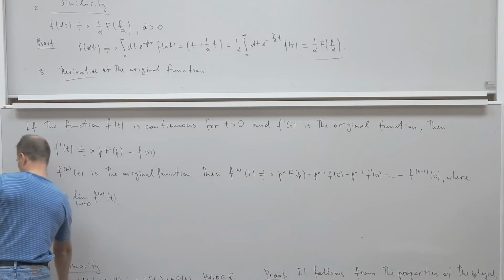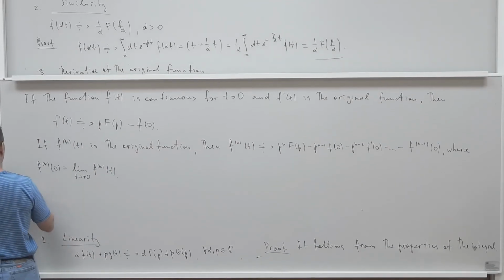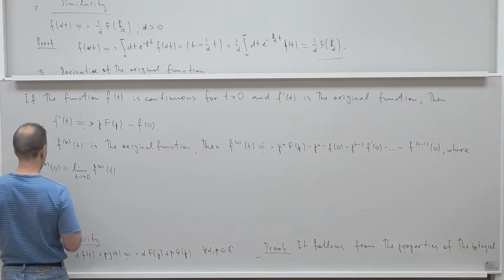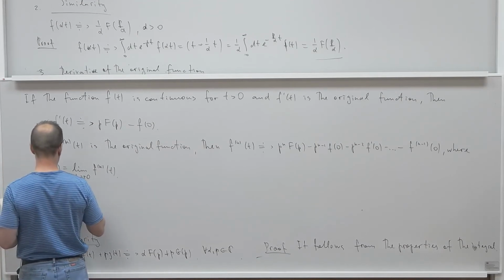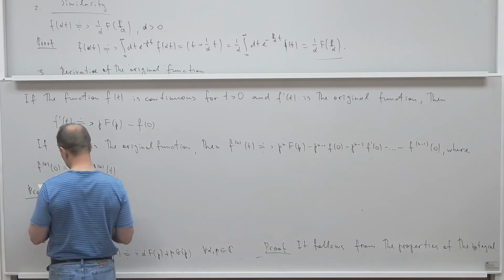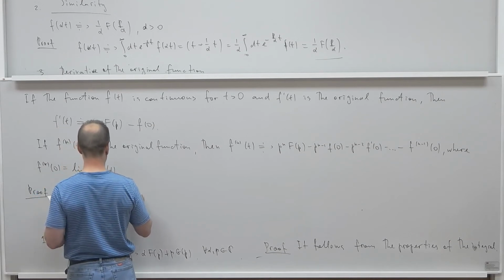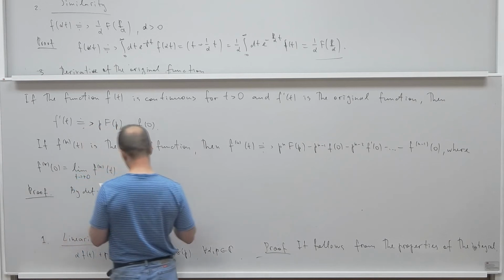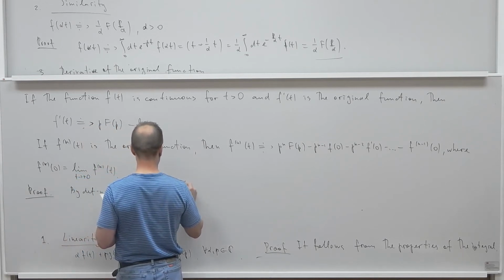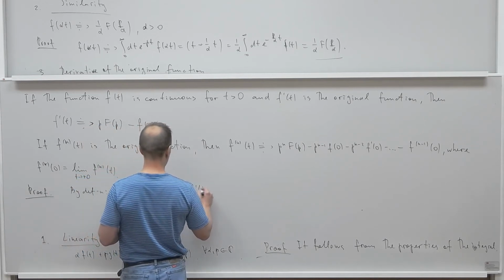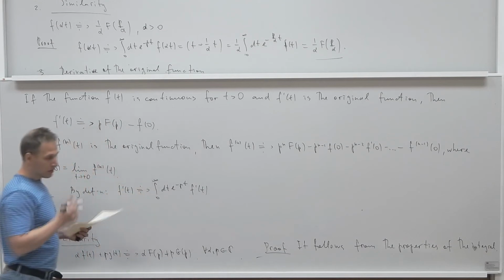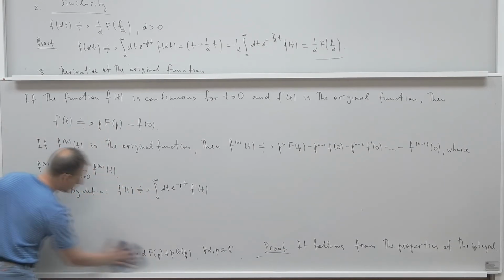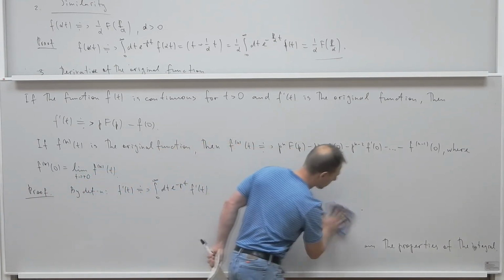The proof. By definition, consider such an integral. F prime of t is the original, so this integral is well defined. And we can integrate it by parts.